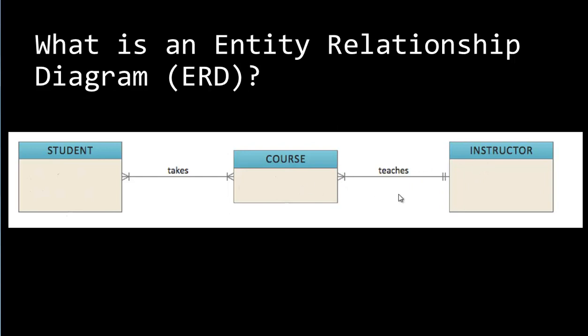Does that make sense? You might be looking at those lines going, okay. Well, a student can take multiple courses. In this case, those two lines right there say a course can only have one instructor. That's what those two lines mean.